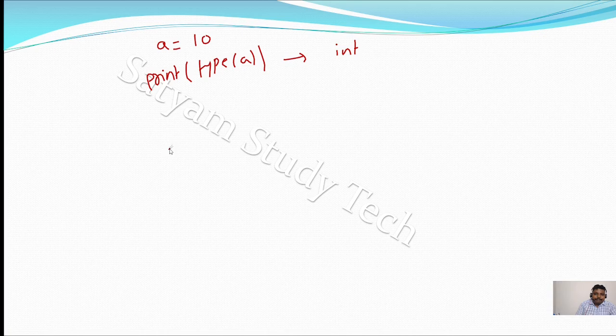For example, here a equal to 2.5. Now the type is float type, but this float type can be converted into int type. You can use typecasting here. Here this is called implicit typecasting. What is the type here assigned?